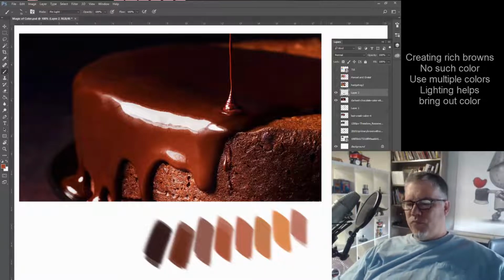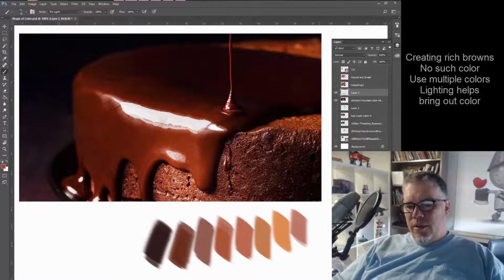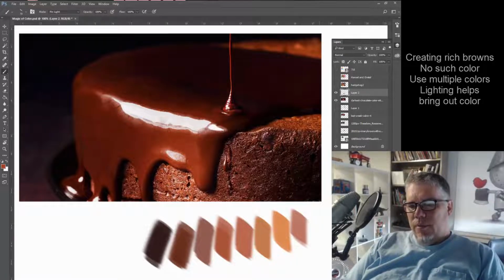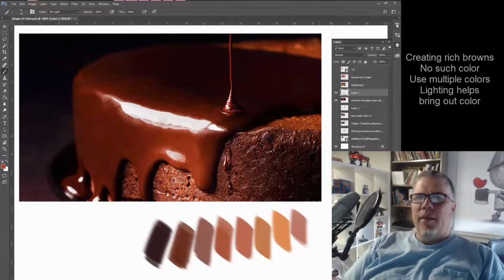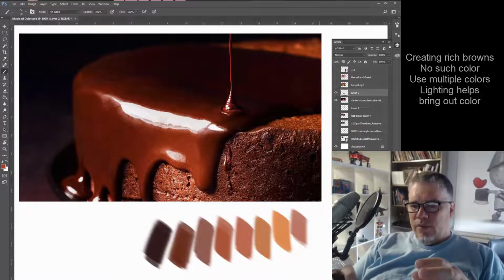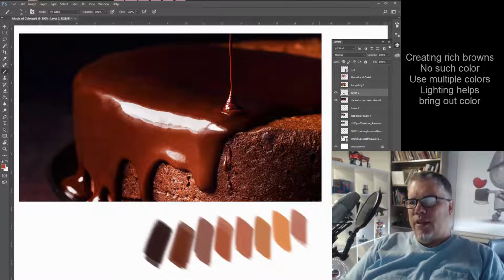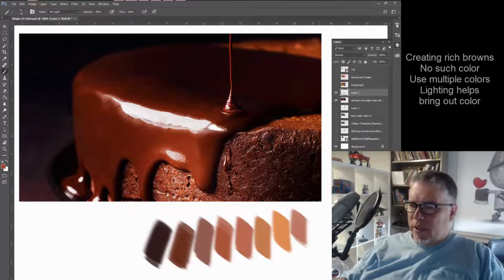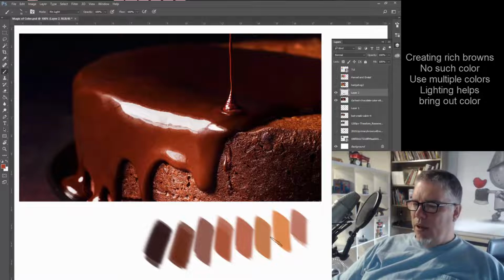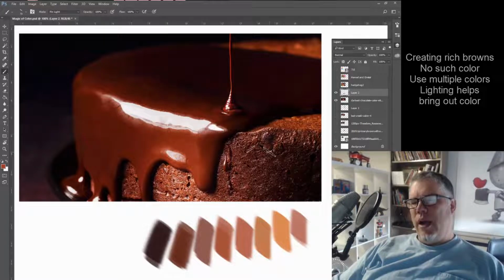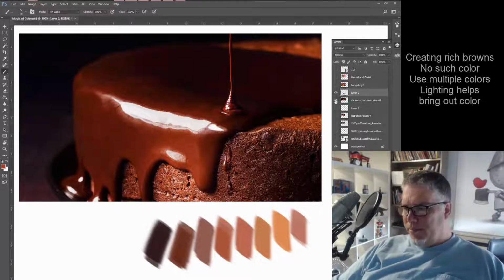So anyway, when you think of painting something brown or any other color, again, I'm going to reiterate: try to identify how many colors are in that, to end up building that color family up to describe the object that you want to describe.